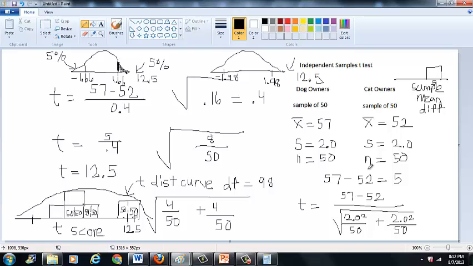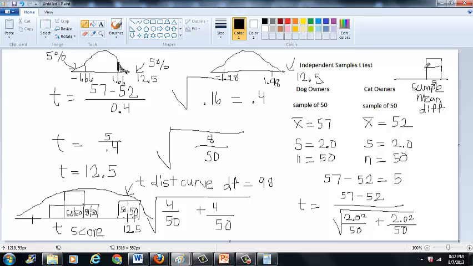Each combination of 100 that could be selected for our study has its own sample mean difference, which could be 5 or it could be a different number. Some combinations will give you this sample mean difference. Others will give you other differences.